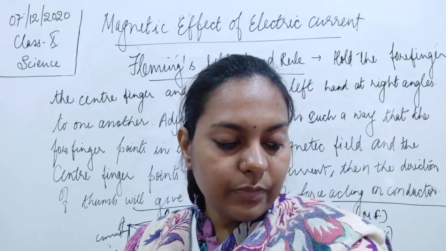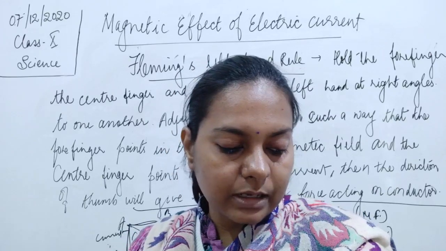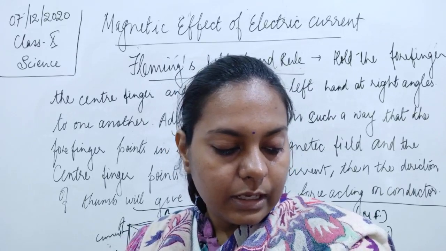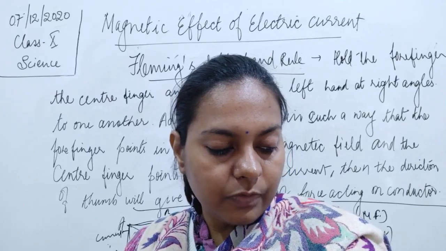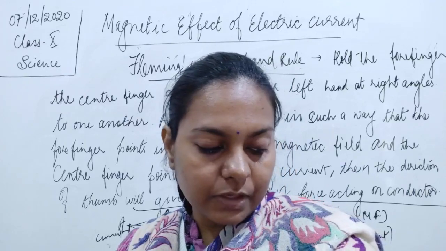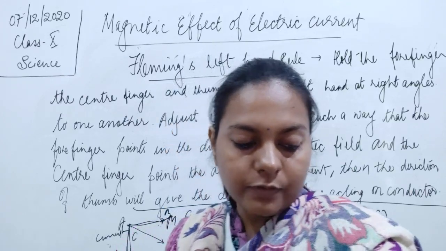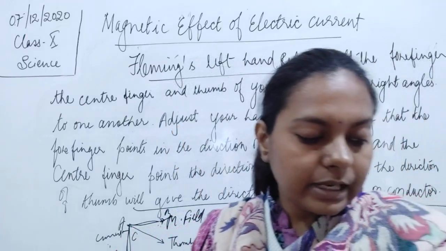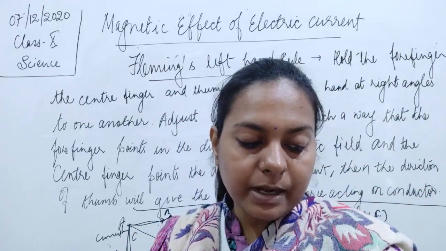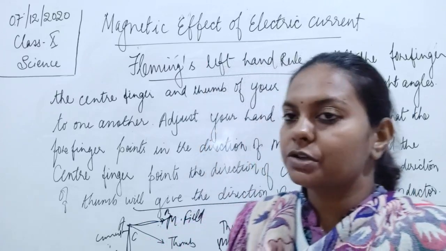The direction in which the positive charge particles such as a proton or alpha particles are there, it will move in the direction of the current. So what is being said is that when positive charges are taken as a flow of the current, then the direction in which the positive charges or the proton moves will be the same direction as the electric current.